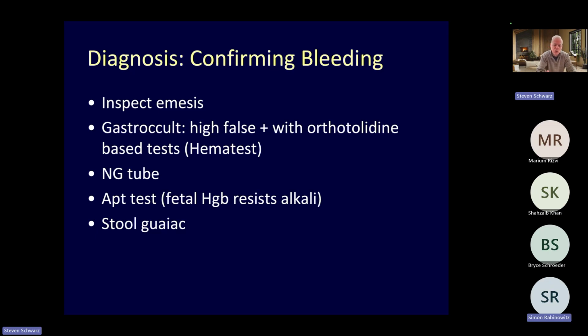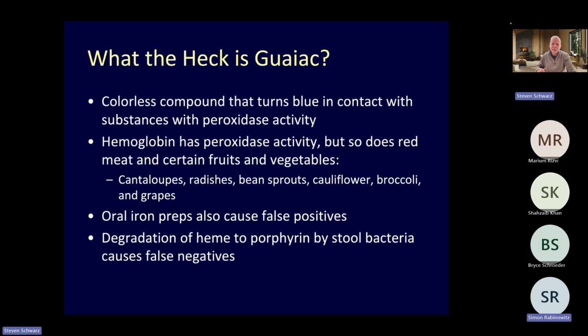And then, of course, do a stool guaiac. Now, what the heck is guaiac? Guaiac is actually a plant. It's the guaiacum plant, which produces a colorless compound that turns blue in contact with substances that have peroxidase activity, such as hemoglobin. But keep in mind that red meat and certain fruits and vegetables also have peroxidase activity.